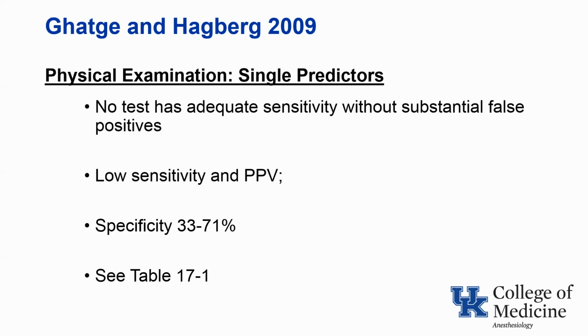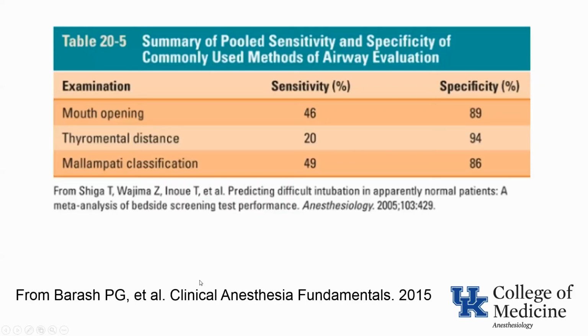What they found was that no test has adequate sensitivity without substantial false positives. They have a low sensitivity and positive predictive value, a specificity of somewhere between 30 and 70%. And again, this is in their table that I posted on Wiki.